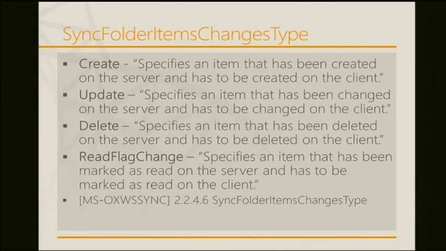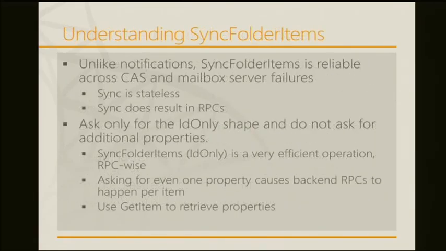We sent the update item request, we did sync folder items, we get an update event back, and we can match up the change key and say, yeah, that's the change I just did. I don't need to follow up on that item. I have the latest state. So this is an important note here, and we can look at that if we have some time in the EWS protocol logging that we were looking at before to show you the difference.